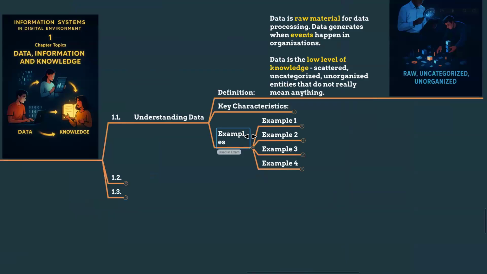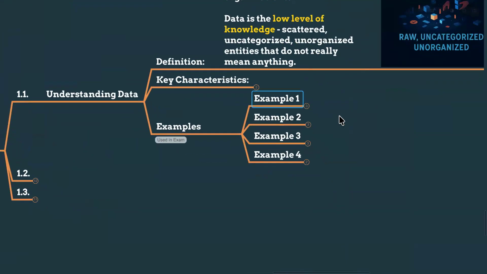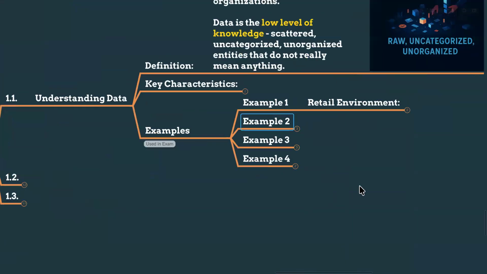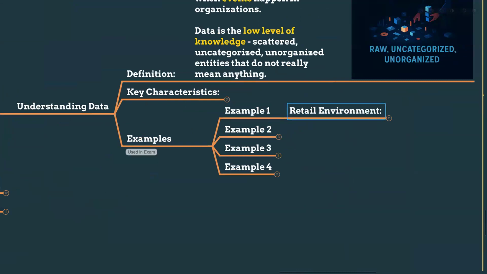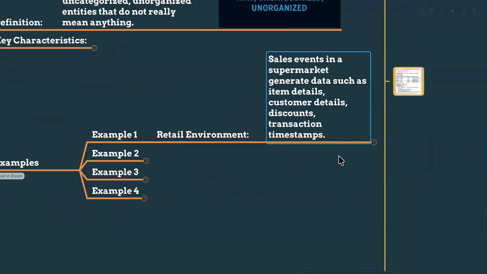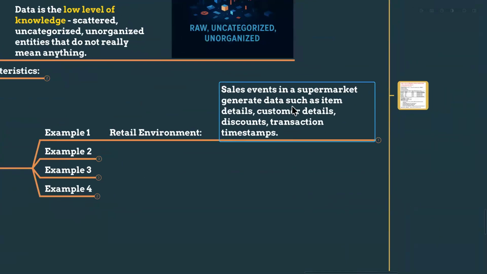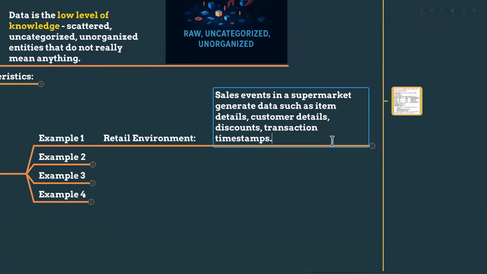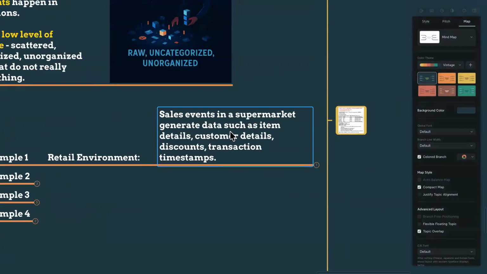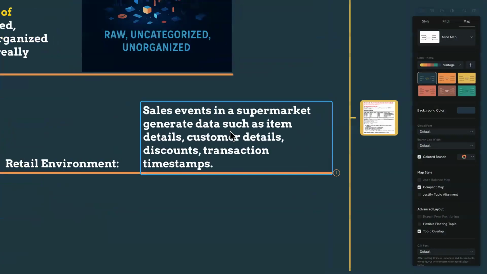So normally, my dears, in the exams, they use these examples for the understanding of data. All right. So we will use the retail environment as the first example. Sales even in a supermarket generate data such as item details, customer details, discounts, and everything, right?